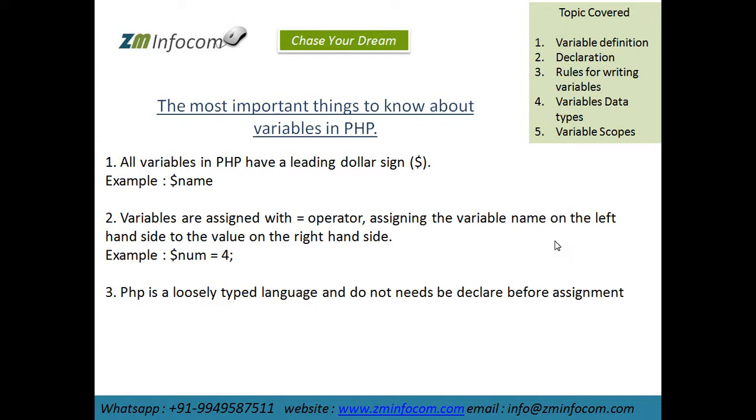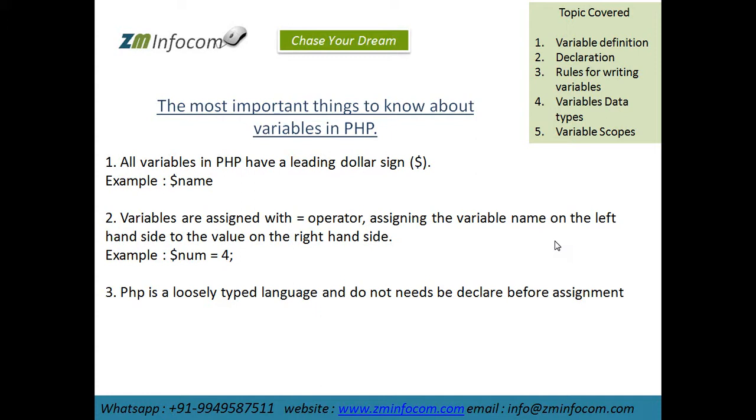Second, variables are assigned with the equal to operator, assigning the variable name on the left hand side to the value on the right side. Like an example, you can see here $num is equals to 4. So here the left hand side is having a variable name and the right hand side is having a value. Equal to sign is used for the assignment.